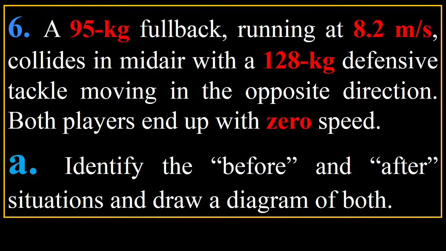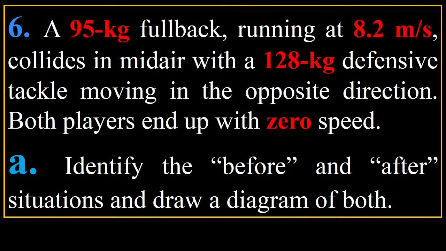A 95 kilogram fullback running at 8.2 meters per second collides in midair with a 128 kilogram defensive tackle moving in the opposite direction. Both players end up with 0 speed. Identify the before and after situations and draw a diagram of both.